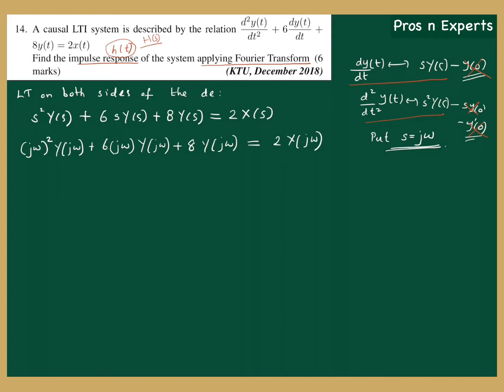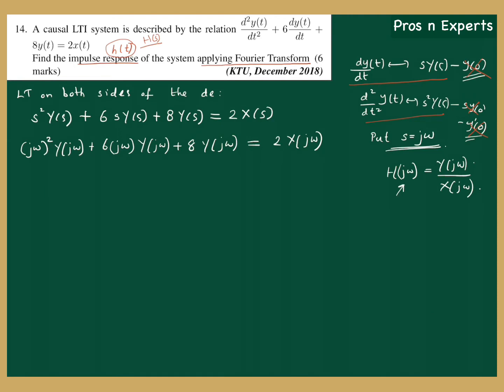Okay, again listen, what we have to find is h of t. But in order to get h of t, we have to find out h of j omega, not h of s here. In this particular problem, it is h of j omega. So find out h of j omega. It is nothing but h of j omega is actually given by y of j omega, the output transform, by x of j omega, the input transform. Anyway, it is a transfer function or frequency response. So output by input will give you h of j omega.